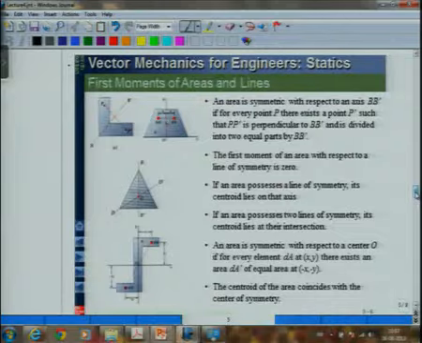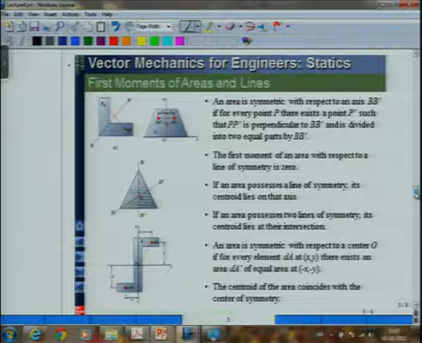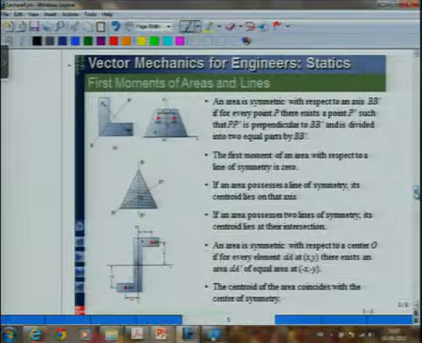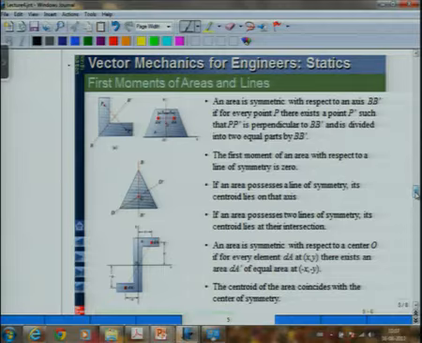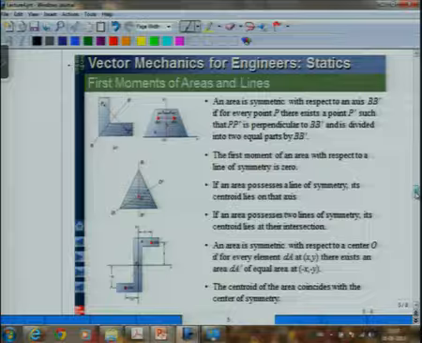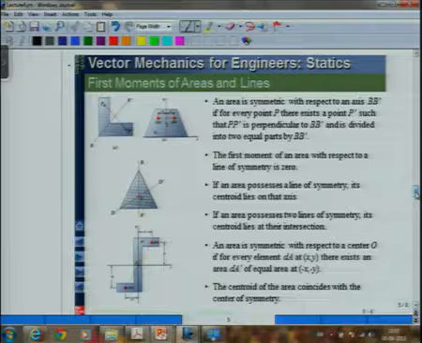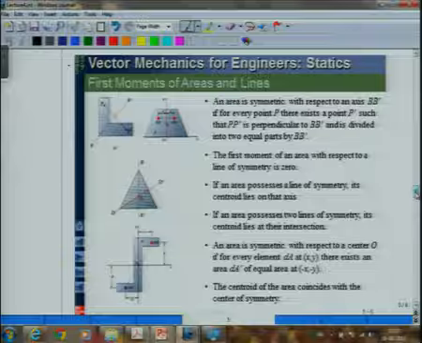Sometimes you have areas which are symmetric about a particular axis. So, for example, in the first case, we have an L shaped area, and if I draw the diagonal axis B B prime, then the area is symmetric with respect to the axis B B prime, in the sense that for every point P on one side of B B prime, there is a corresponding point P prime, such that the two distances from the perpendicular line to B B prime are equal.